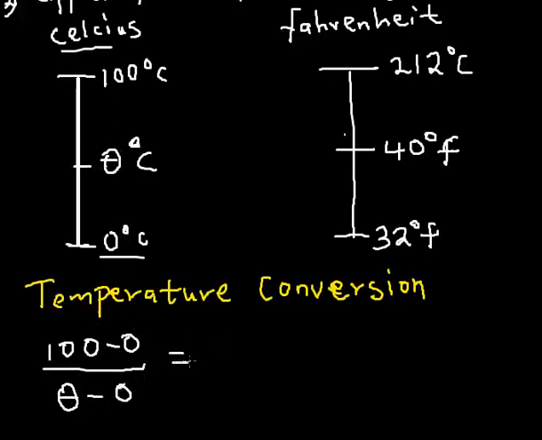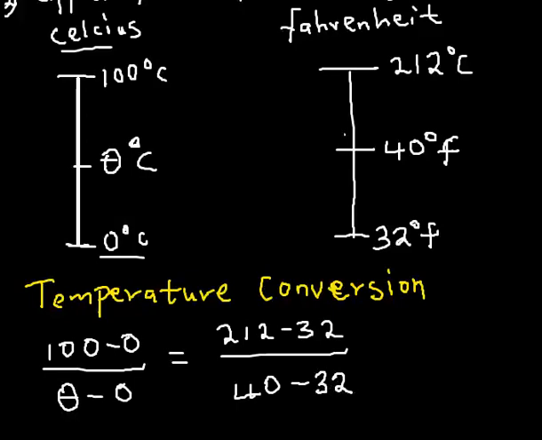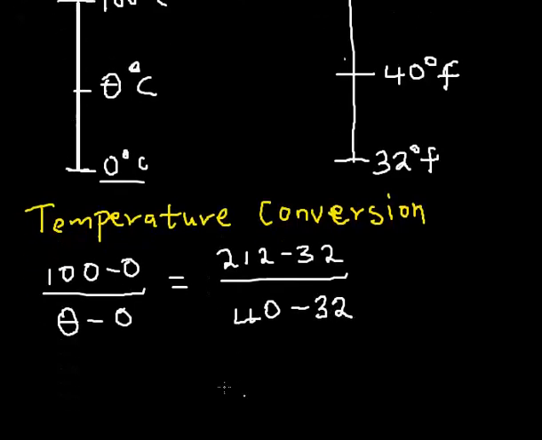This is equal to the same thing here: the distance between upper and lower, 212 minus 32, divided by the distance between that temperature, 40, and the lower fixed point, minus 32. So 100 minus 0 is 100. Theta minus 0 is theta. 212 minus 32 is 180. Then 40 minus 32 gives me 8.